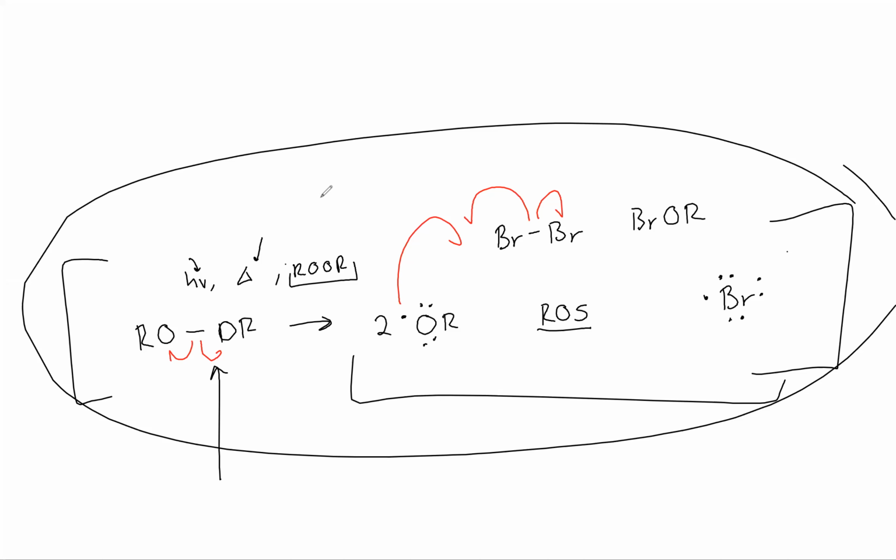And forming these ROOH species is part of that auto-oxidation process. What you'll see is an R attached to a hydrogen plus O2. That O2 will break apart to form radicals of itself, and then they'll combine with the hydrogen in the R group to make our ROOR.